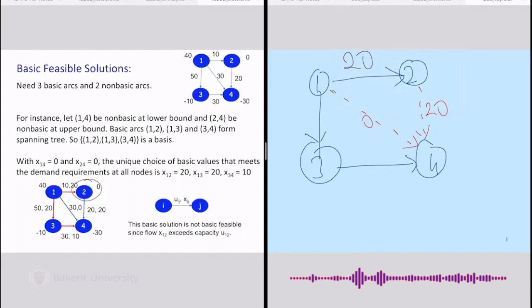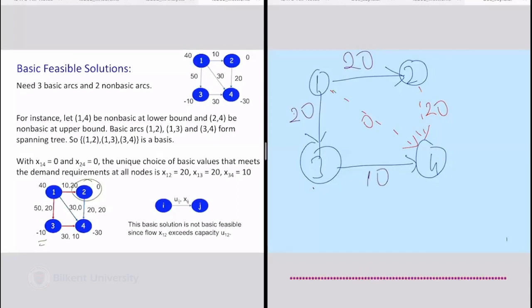Now let's look at node 1. Node 1 is a supply of 40 units. 20 units is going to 2, then the other 20 should go the other way around, because this non-basic arc has 0 value. Okay, now let me come back to node 3. Node 3 demands 10 units. 20 is coming from 1, 10 is left in here, and the remaining 10 will be sent to node 4.